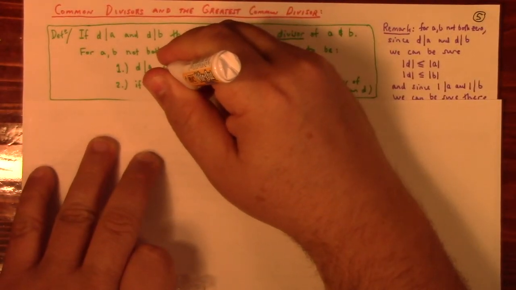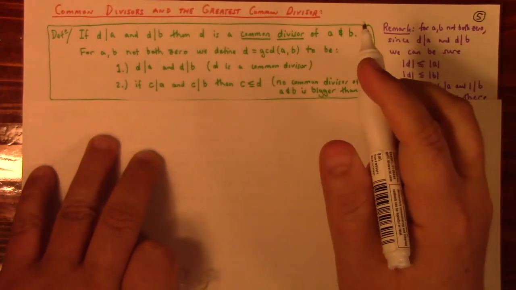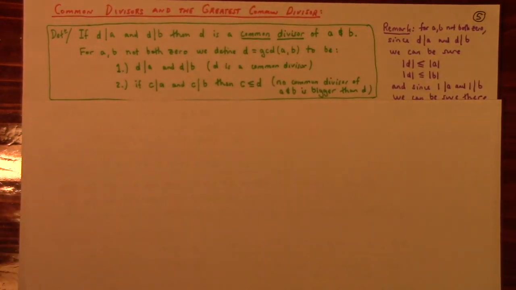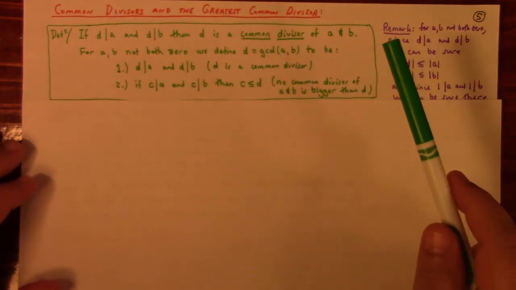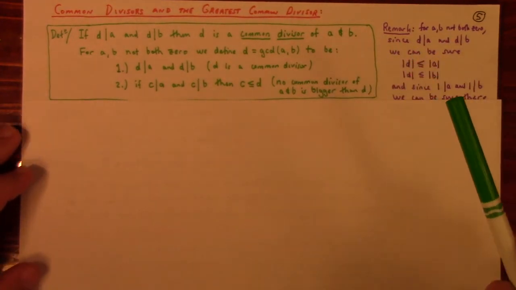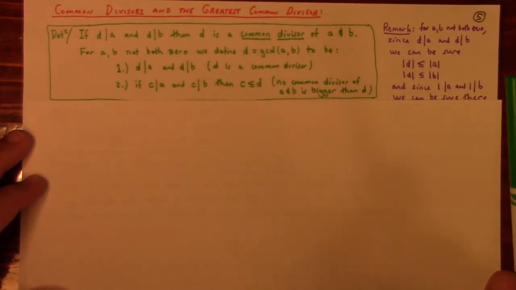That's supposed to be an A. Sorry about that, guys. So if C divides A and C divides B, in other words it's a common divisor, then it must be the case that C is less than or equal to D. No common divisor of A and B is bigger than D. If me using bigger here bothered you, you might be an English major.